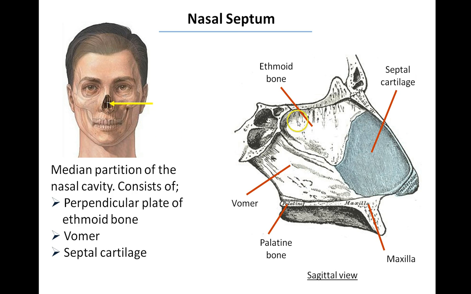Bones that contribute to that are shown here: ethmoid bone, vomer, palatine bone, and in here we have hyaline cartilage. Now it's worth mentioning that in the models that you look at in the anatomy practicals, most of them which show the nasal cavity have removed the nasal septum, so it's often difficult to find an example of this in the models we look at.